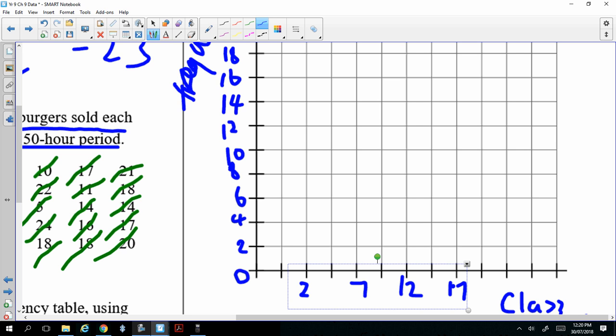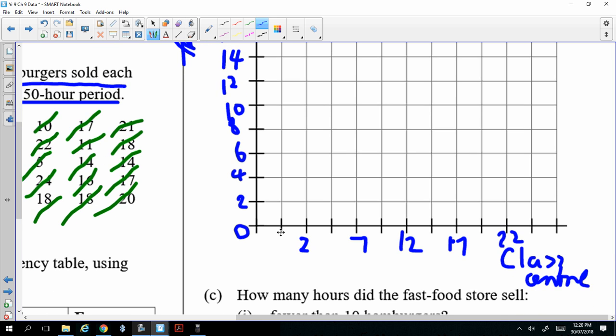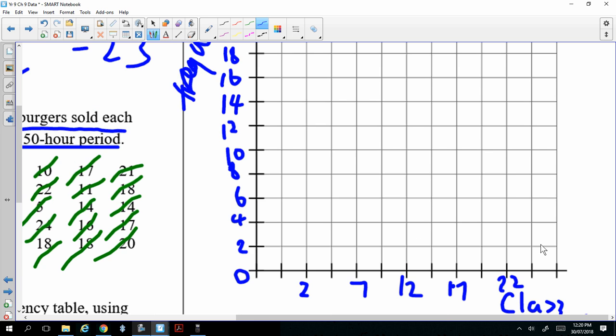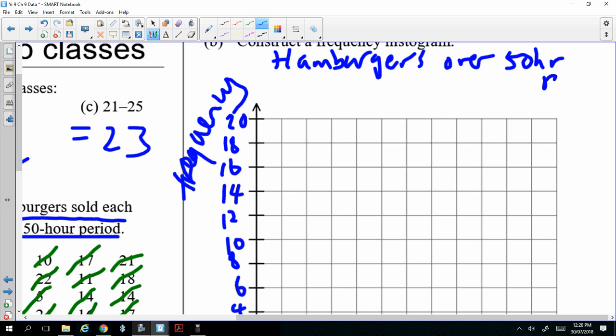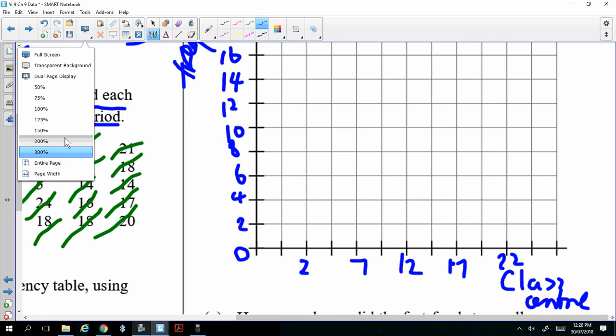Put the class center there. Note that I leave 2 gaps between each number. Put the class center. And then put a heading for your graph. Hamburgers over 50-hour period. Wait, that doesn't work.